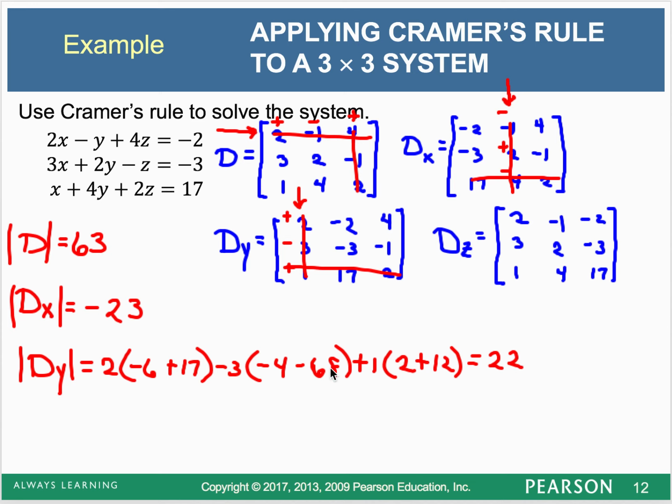So this is negative 72 times negative 3, so it's positive. 72 times 3, 206? 216. I'm going to check myself over here. 72 times 3. Yeah, 216. And then plus 14.